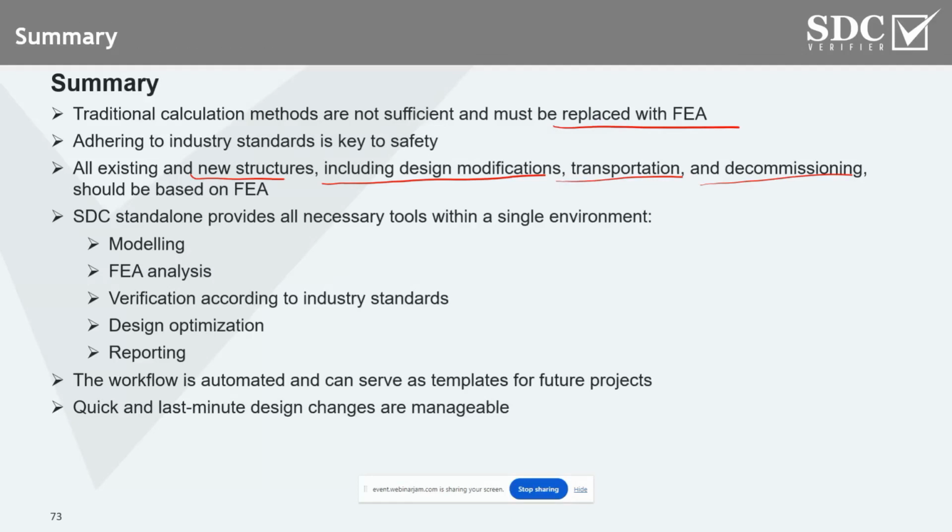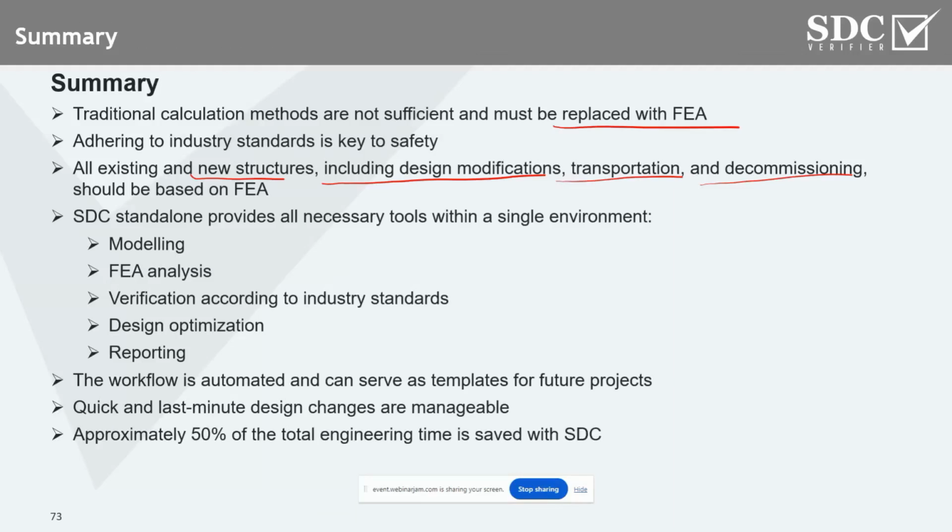So quick and last minute design changes are finally manageable. So basically when your client or whoever it is comes with the question in the last minute when everything is done and asks to check something quick, of course you can do that because all the intermediate steps, they are synchronized and repeated without human being involved.